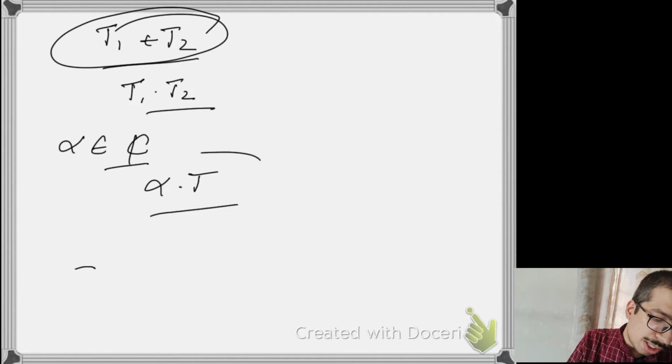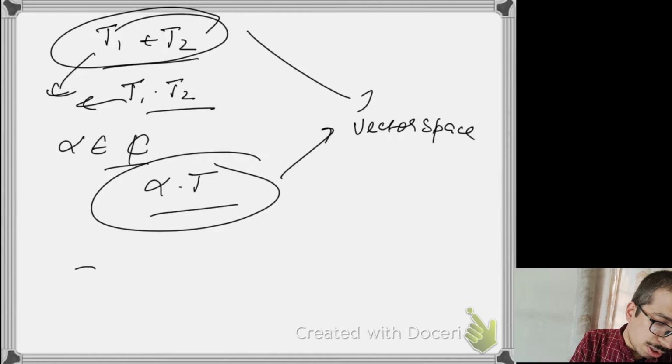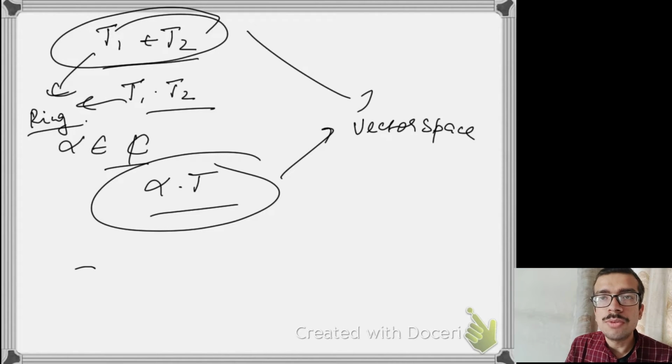If I take addition and scalar multiplication, they form a vector space. And if I take addition and composition, they together form a ring. A ring, if you remember, consists of two operations, addition and multiplication. Over addition, it forms an abelian group. Multiplication is associative, and multiplication distributes over addition both left and right.